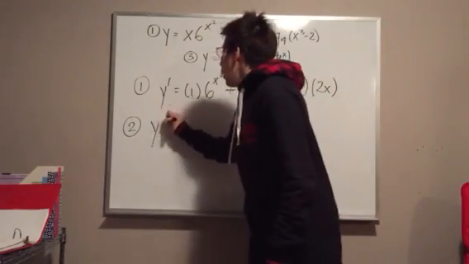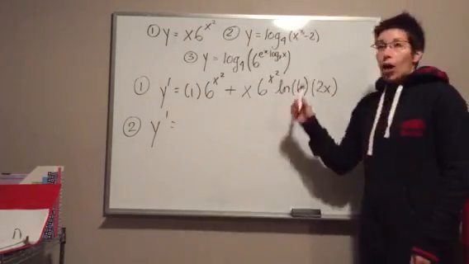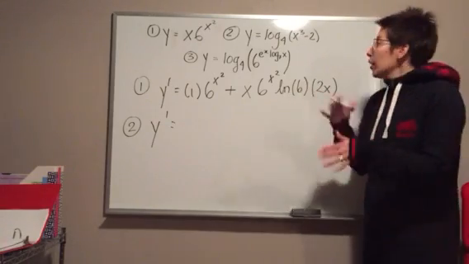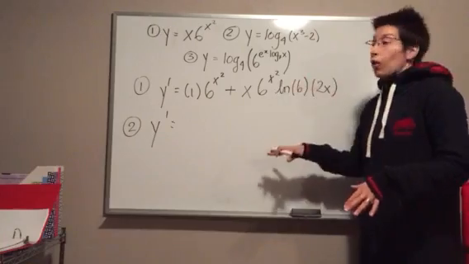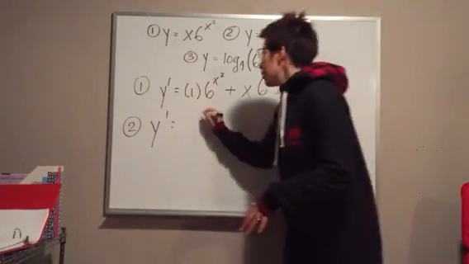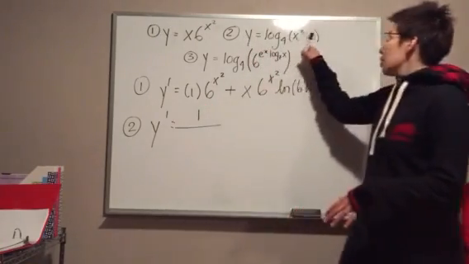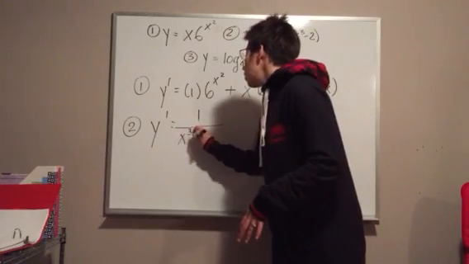So when we take the derivative of log or ln, any kind of logarithmic function regardless of the base, we go 1 over the argument right away. That's the first step. So we're going to go 1 over the argument, which is x cubed minus 2, and that remains unchanged.